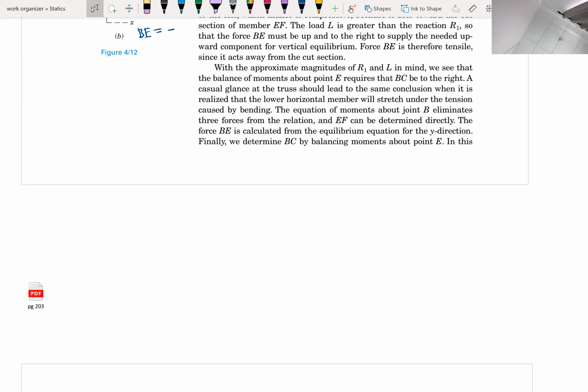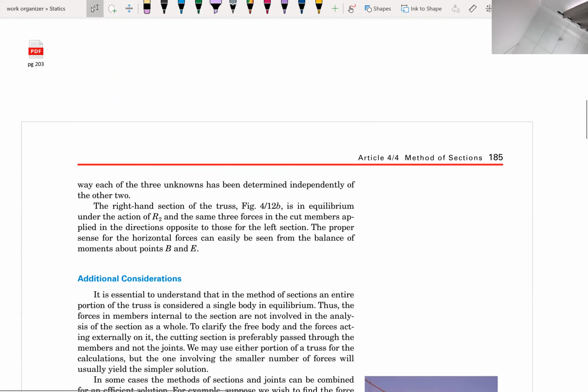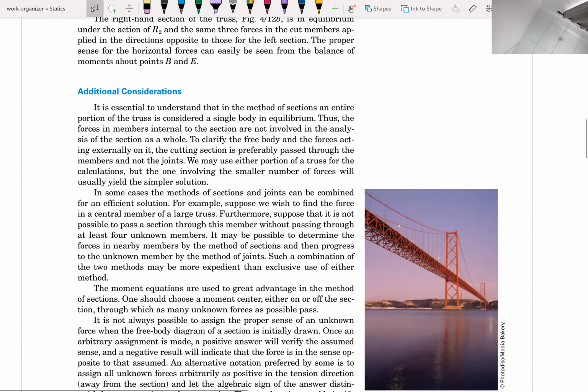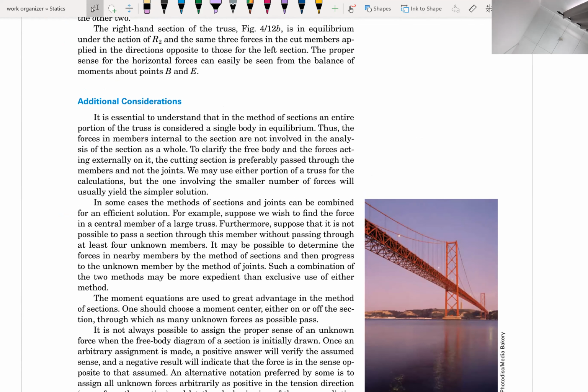So next, there is an extra part here. Cutting section mana? Cutting section is preferably passed through the members, and not the joint.